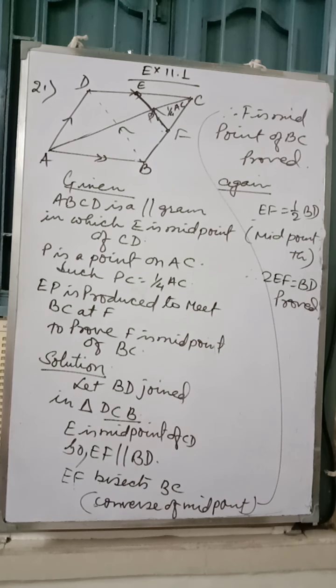Then in question number 22 it says ABCD is a kite in which BC and CD are equal. So we'll draw a kite first for question number 22.